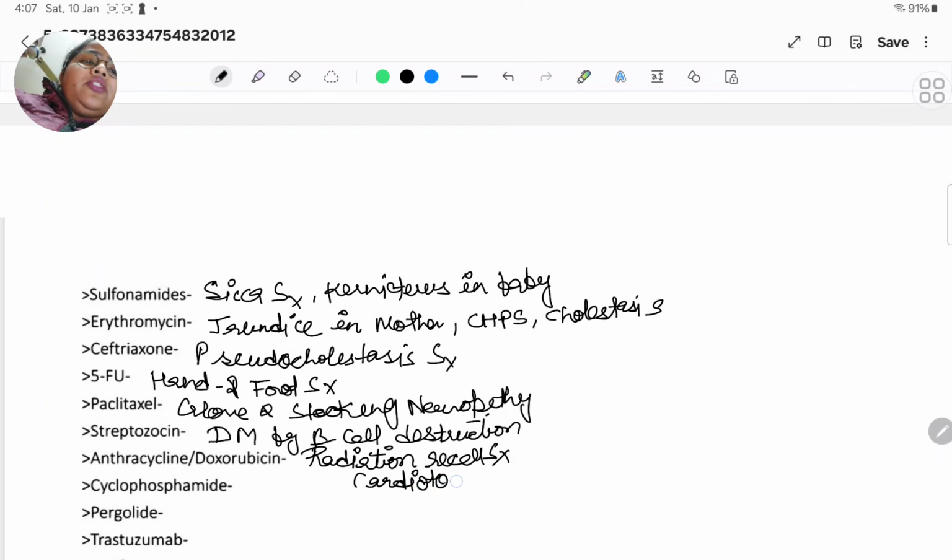It causes cardiotoxicity, for which the treatment is dexrazoxane. Maybe my spelling is wrong, but dexrazoxane. And cyclophosphamide causes hemorrhagic cystitis, as you all know.